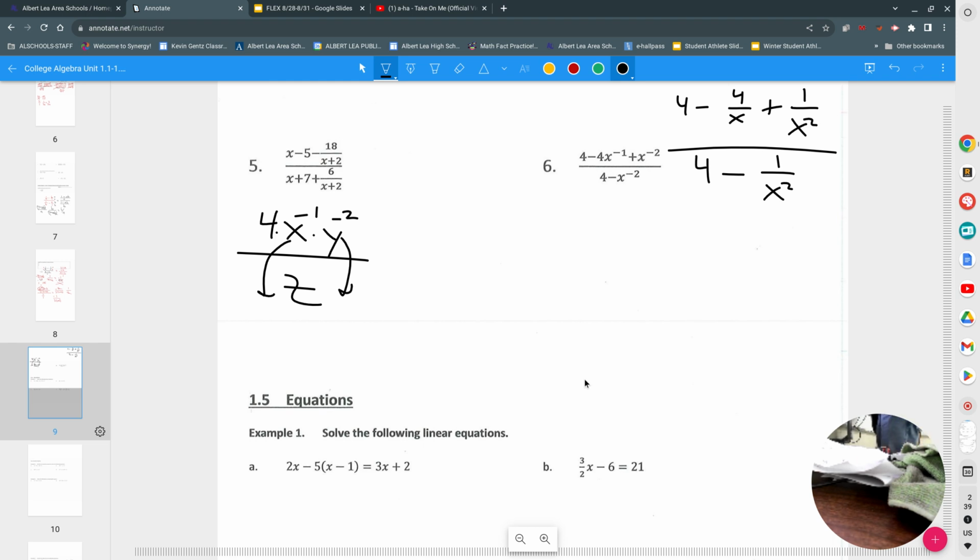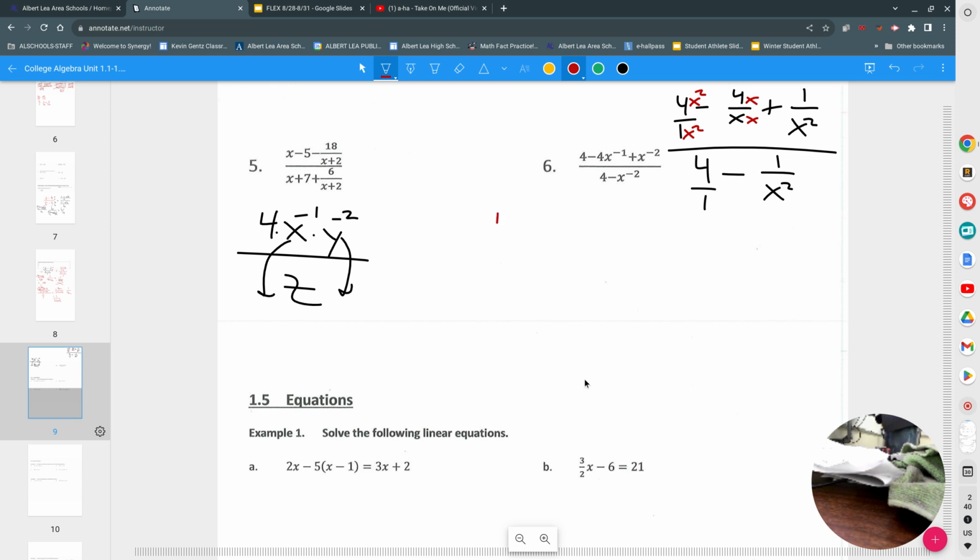So I've got 4 over 1 and 4 over 1. What's going to be the common denominator in the top? X squared. So I will multiply the top and bottom by x squared. In the middle, I'll multiply the top and bottom by x.